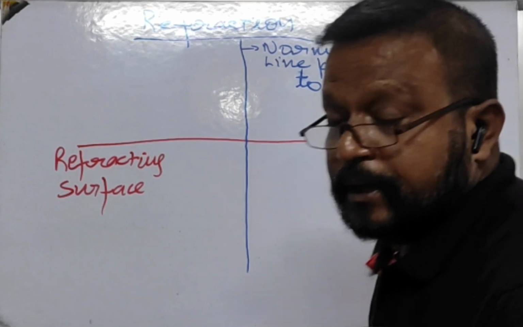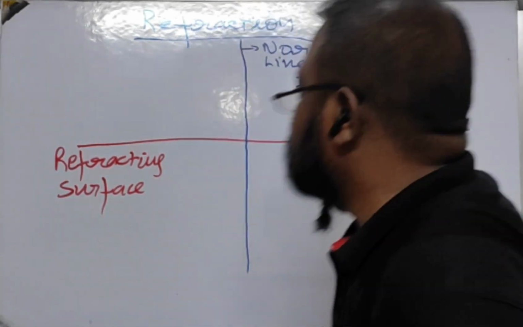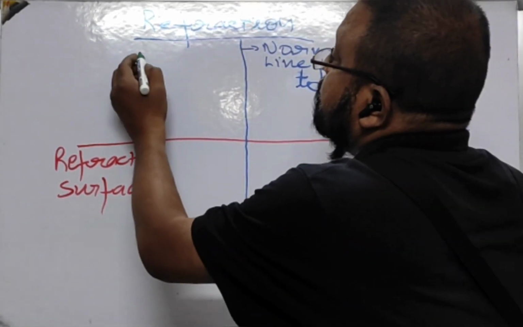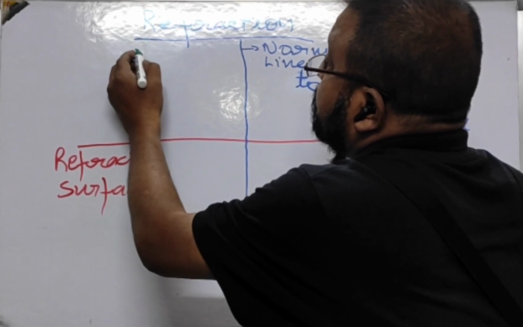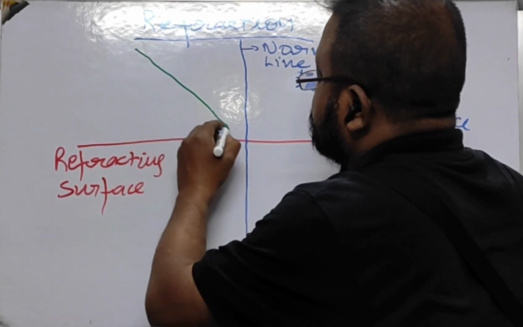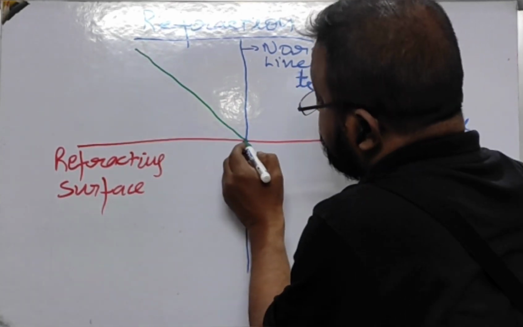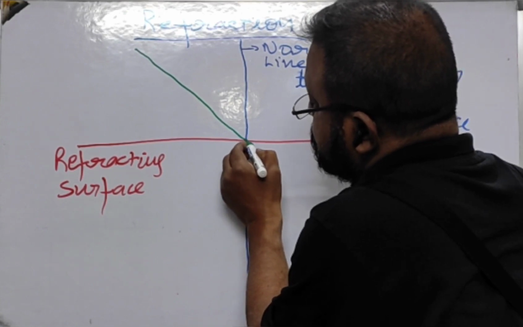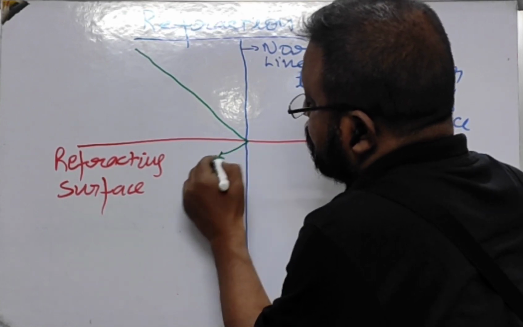And there is an incident ray. This is the incident ray. Where it touches is known as the point of incidence.